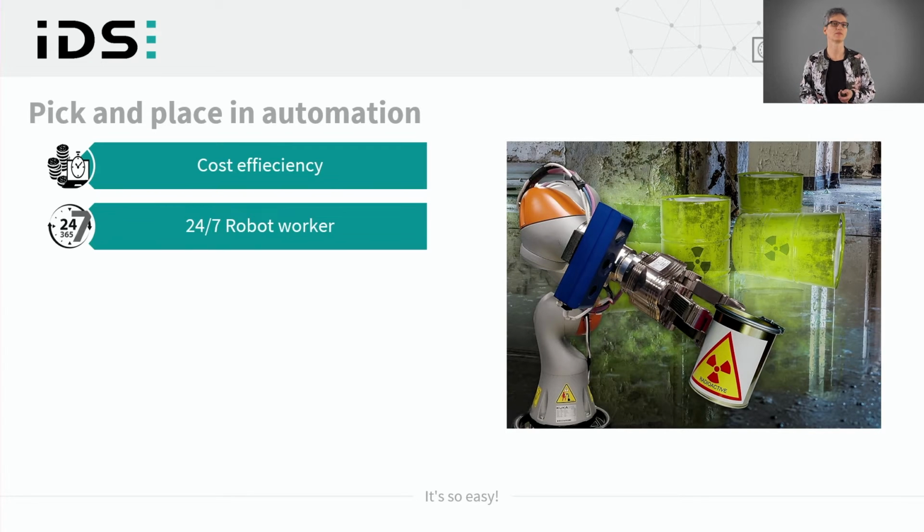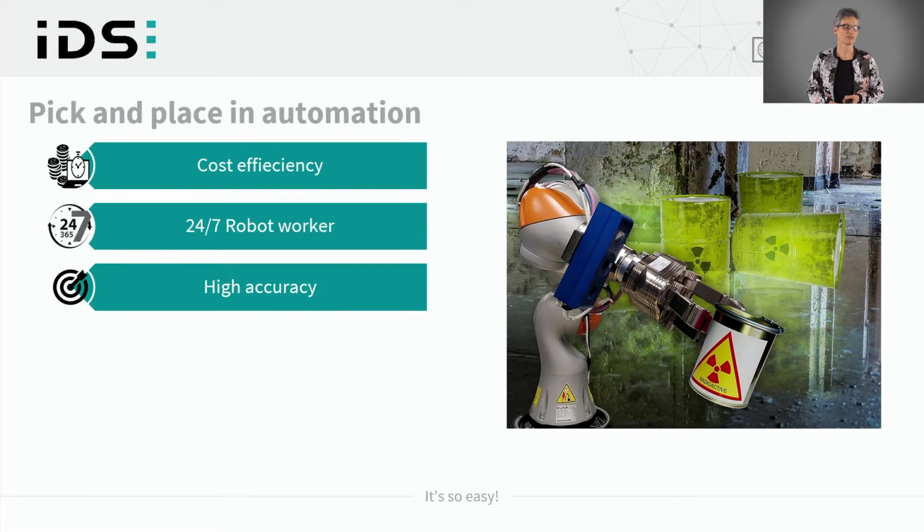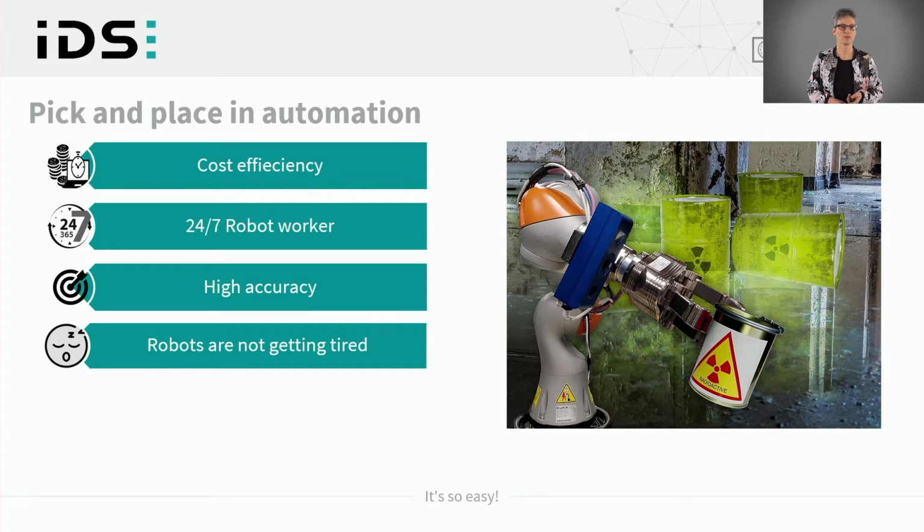But why is this? Well, a robot can work 24 hours a day, each day of the week, without getting tired. And the robot will retain its accuracy: once you've set up the system for a good accuracy, the system will work at this accuracy much longer than a human can. Humans get tired when repeating the same kind of motion the whole day.